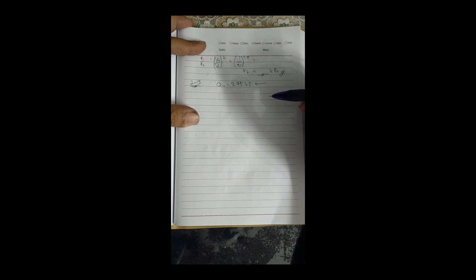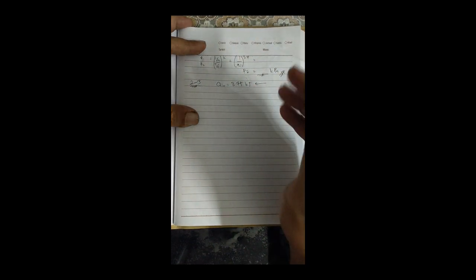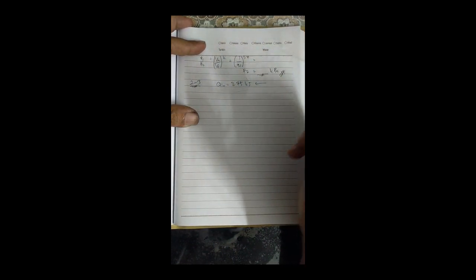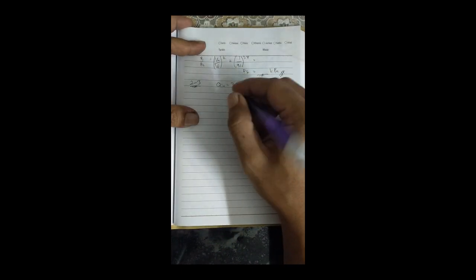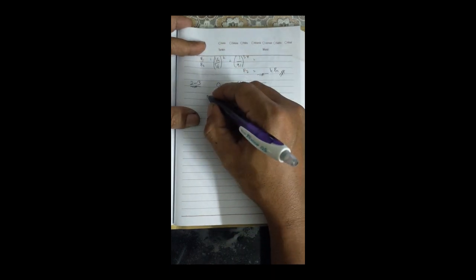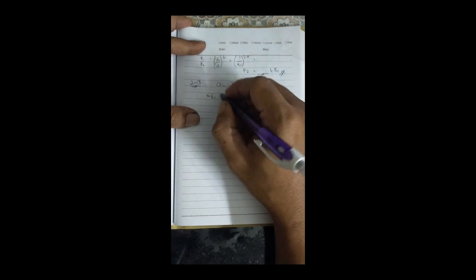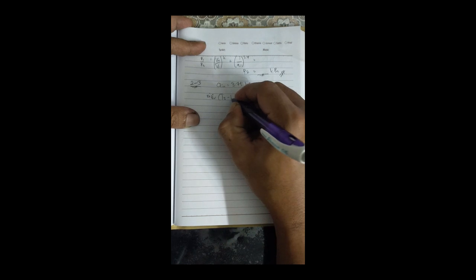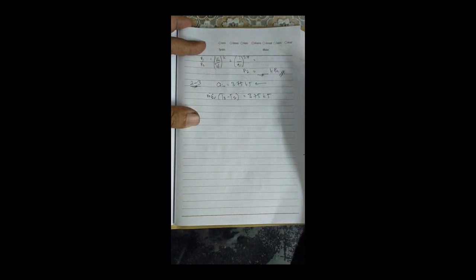In reality, if this amount of heat is added, your engine will melt down, because it's so high. But this is an exercise, so we just calculate. Q in is at constant volume, so mass times CV, constant volume, times T3 minus T2 is 3.75 kilojoule.